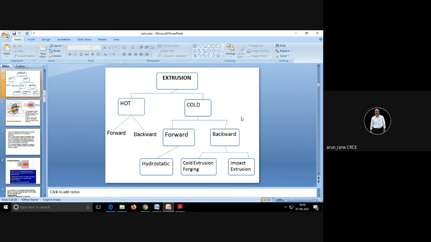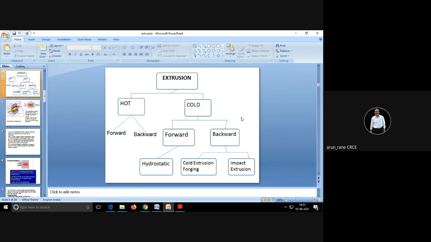I don't know in which semester you have it, but whether it is hot or cold, what you have to remember is that in hot the temperature is more, in cold the temperature is less. Since the temperature is more in hot, any hot component subjected to air gets oxidized. Since it is in red hot condition, it will react with oxygen from the environment, and you will always get a layer of oxides on the surface, that is iron oxide if you are extruding iron.